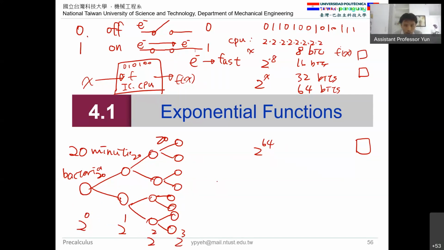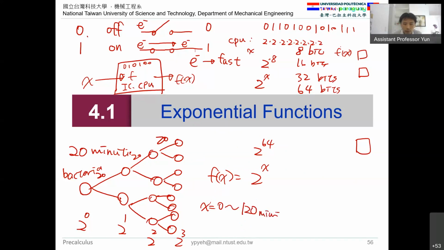Okay, so then we can assume that these follow the function f of x equals 2 to the power of x here, where x starts from 0 to, maybe you can imagine, after 1 hour, 2 hours. 2 hours means 120 minutes.